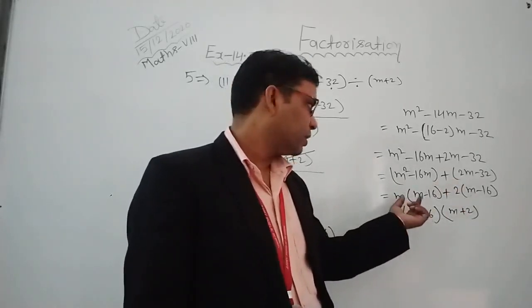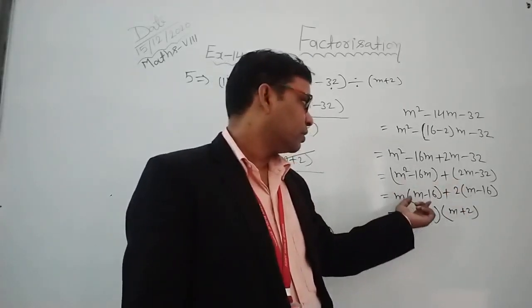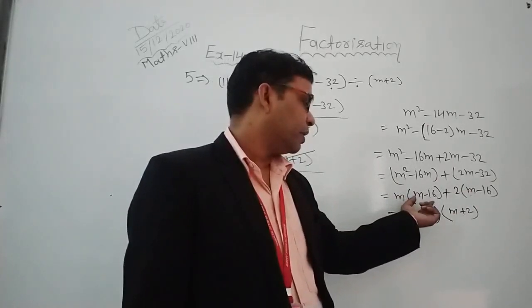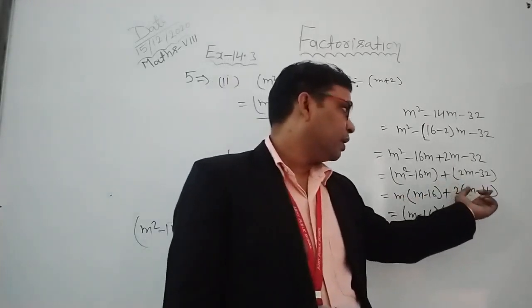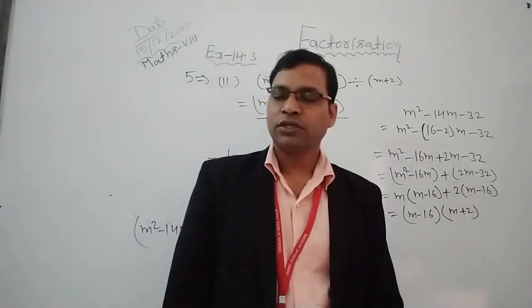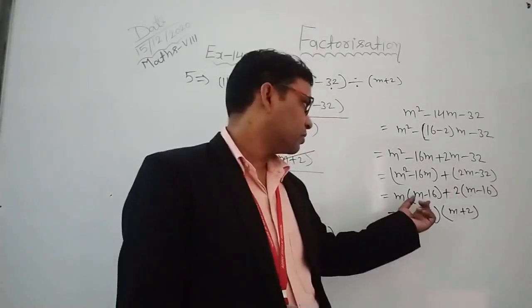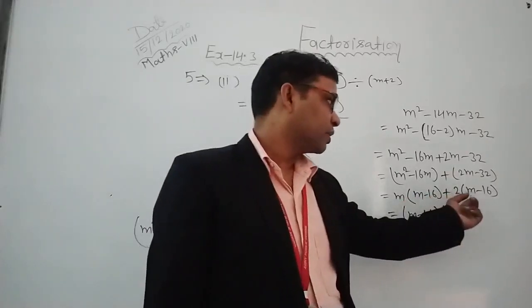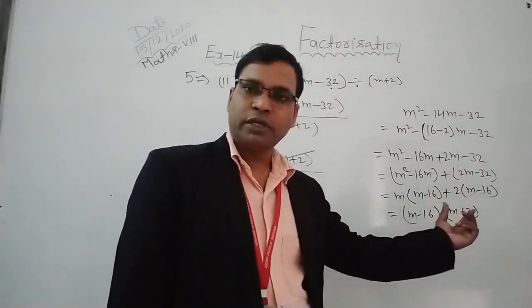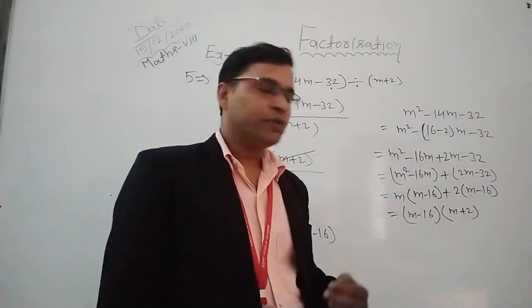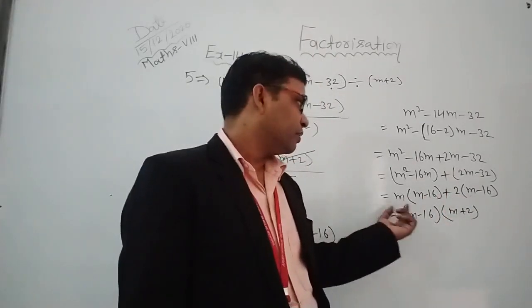After taking m common in the first group, we have m minus 16, and if we take 2 common in the second group, we get m minus 16. In both terms you can observe that m minus 16 is common. If you take common m minus 16, then you get m plus 2.